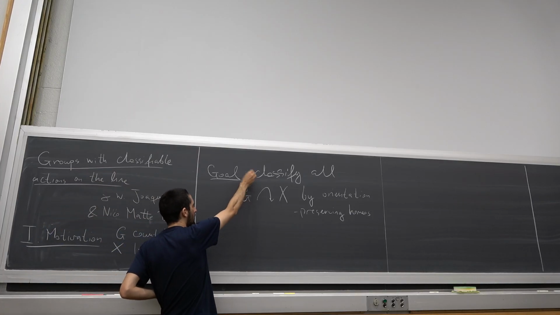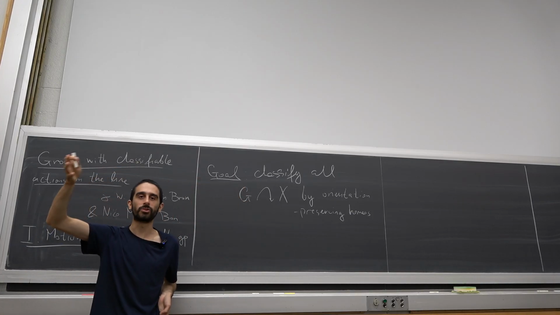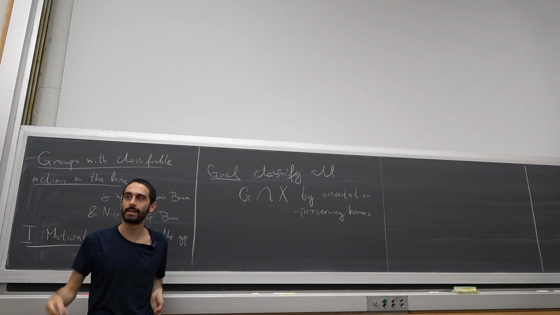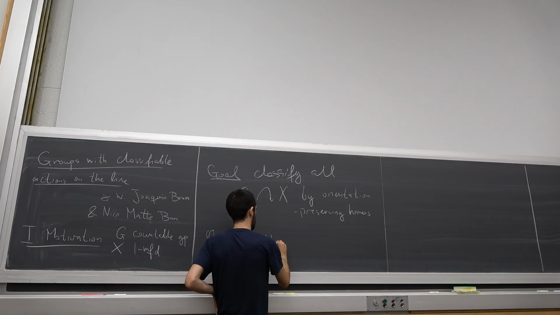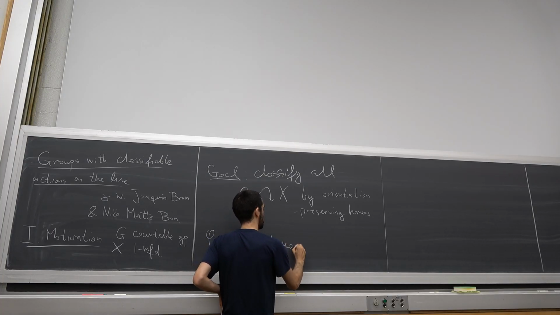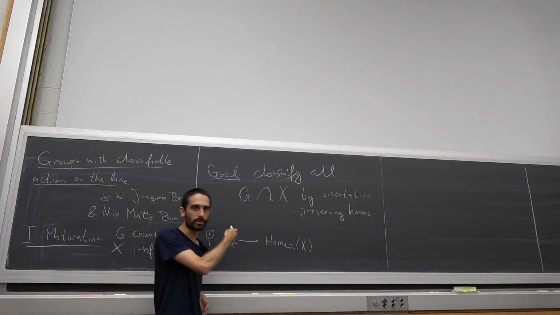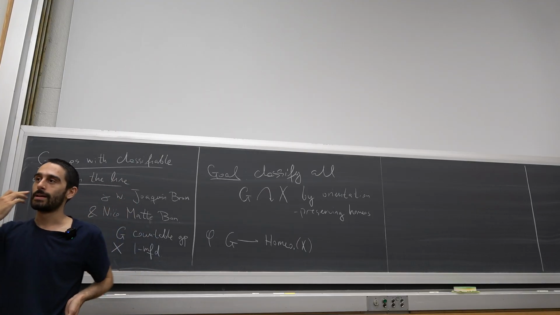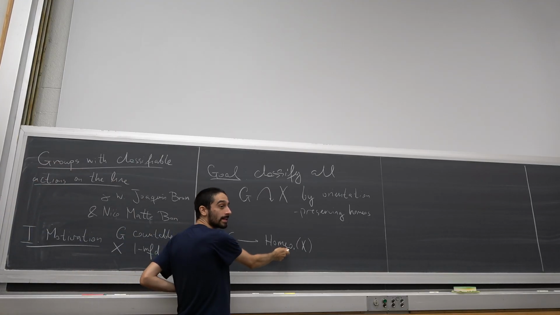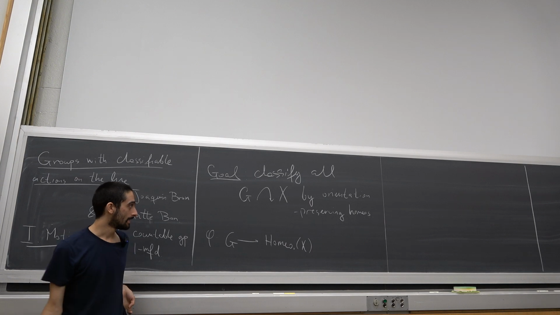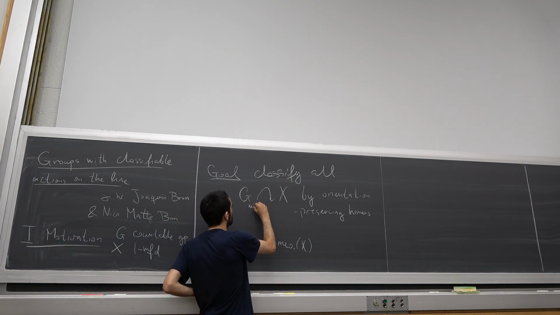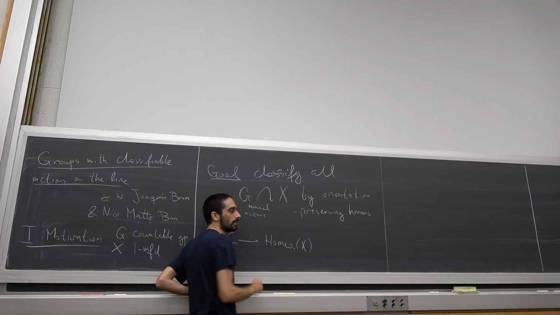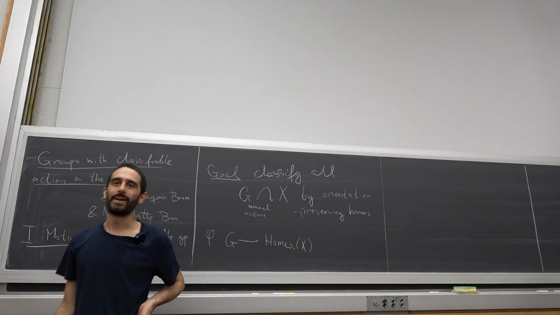Here, when I say classify, I mean I'm considering actions up to conjugacy. That is, an action is a morphism of G into Homeo of X, and I'm considering two actions to be the same if they're conjugate by an element of Homeo of X. Second thing, I'm going to restrict to minimal actions to make all statements shorter.